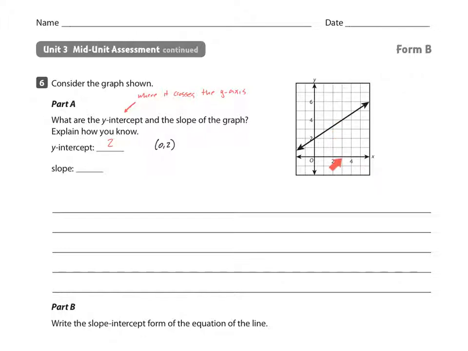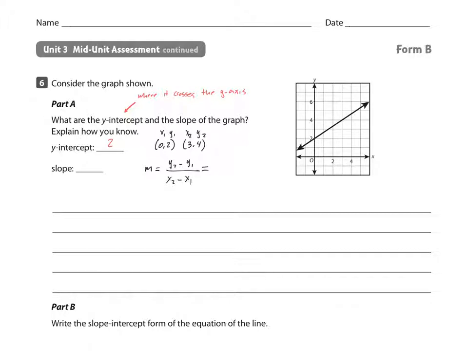So that's going to be 3, 4. I'm going to label my points x1, y1, x2, y2. My slope formula is m equals y2 minus y1 over x2 minus x1.